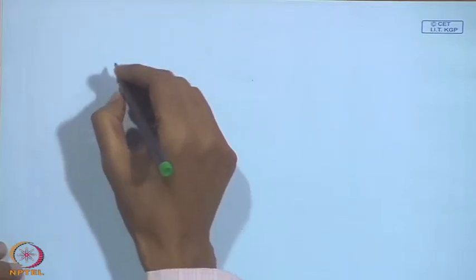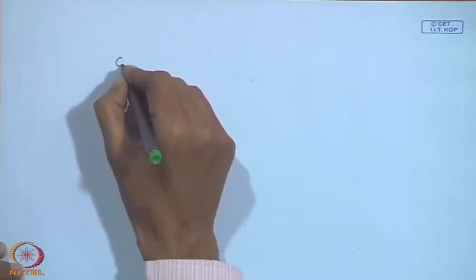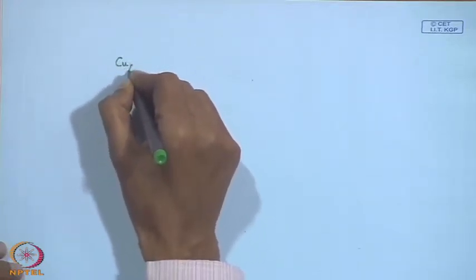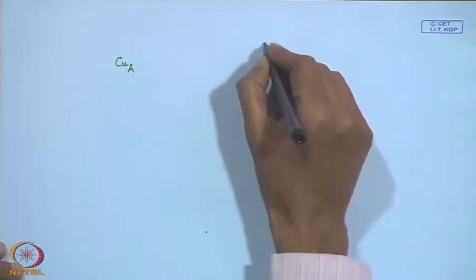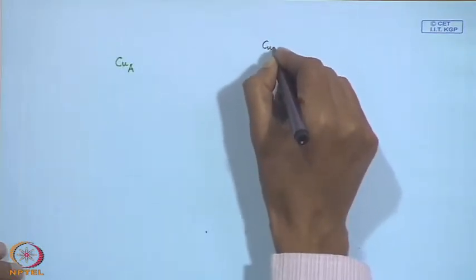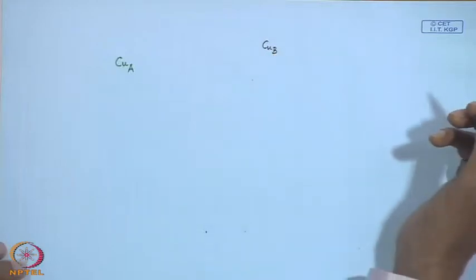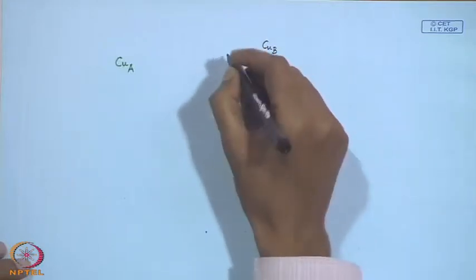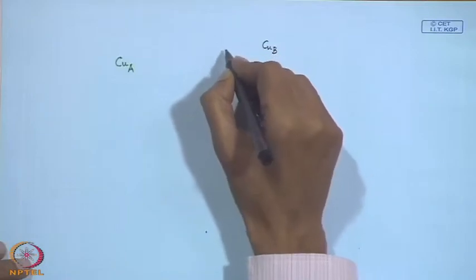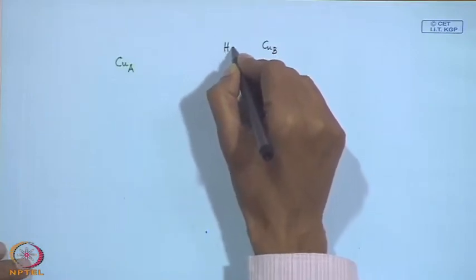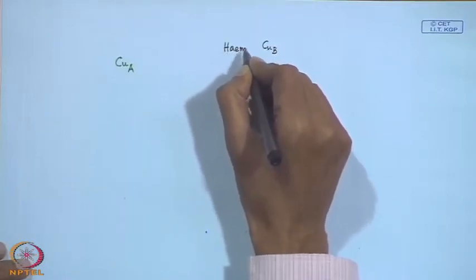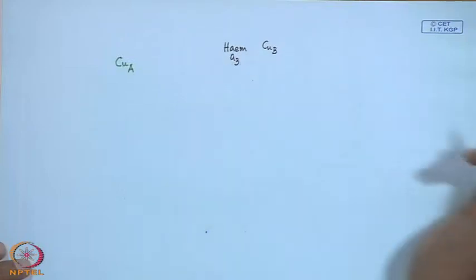that we have seen earlier, if you have one site and we designate that site as copper A site, and the other one is our copper B site, and close to that copper B site we have heme A3.